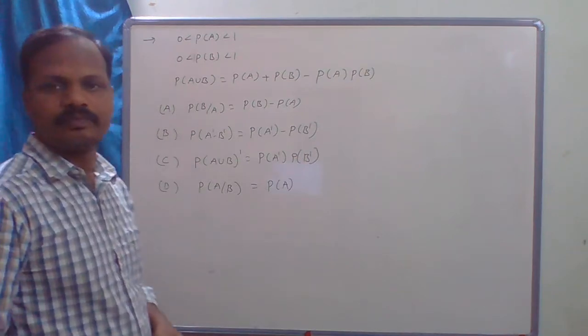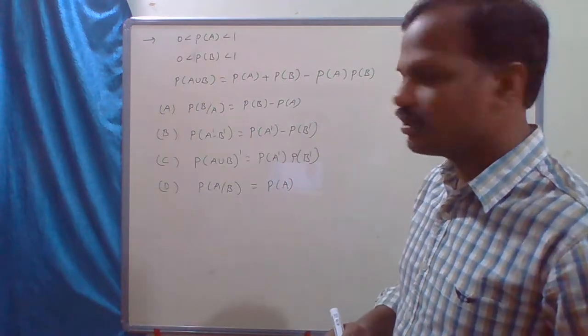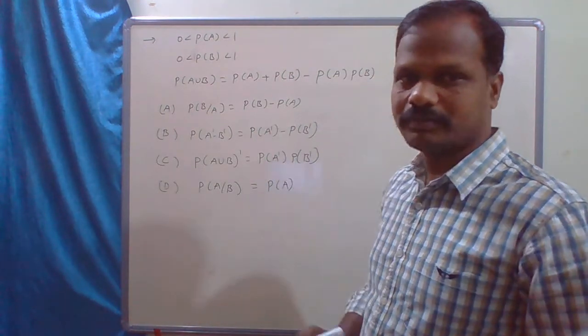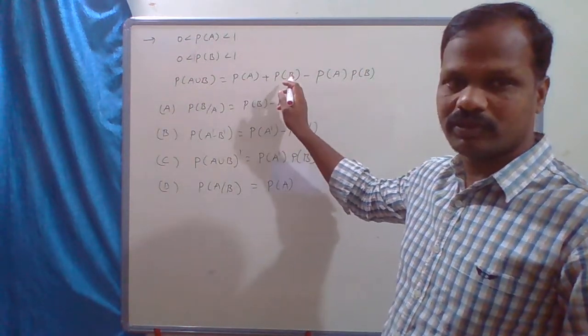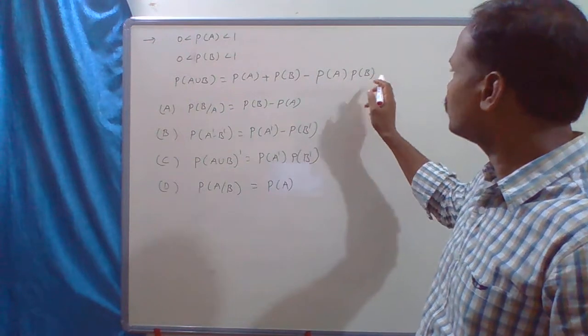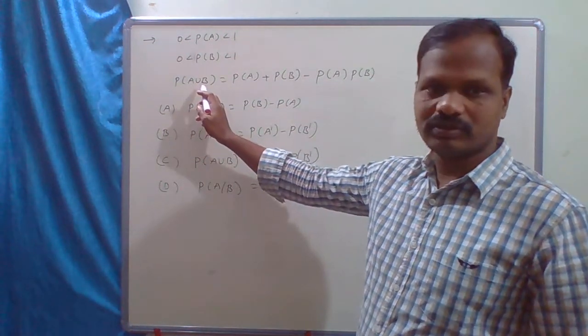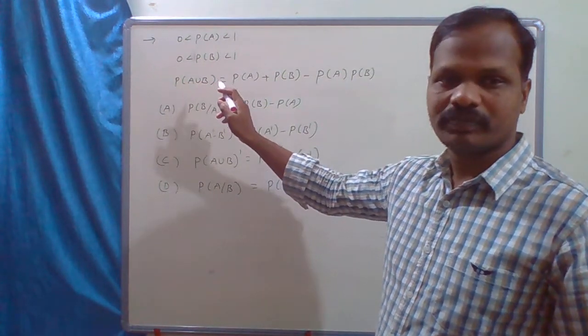Before going to check the options, first observe the given information. Probability of A and B equals probability of A plus probability of B minus probability of A into probability of B. But actually, what is the formula for this probability of A and B?